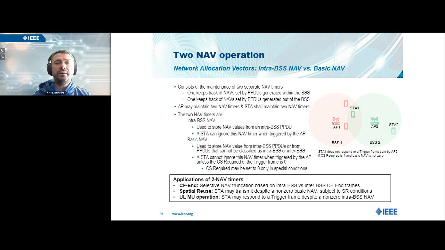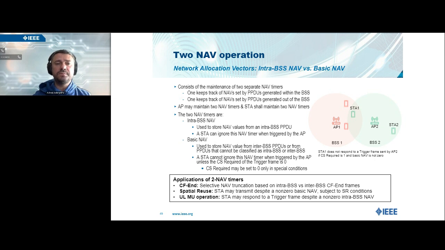The other part that relies on the BSS color is two-NAV operation. As mentioned earlier, the NAV's purpose is that if you hear a PPDU from a peer device that is not intended for you, and it tells you that you have to defer for 5 milliseconds, you are required to defer.